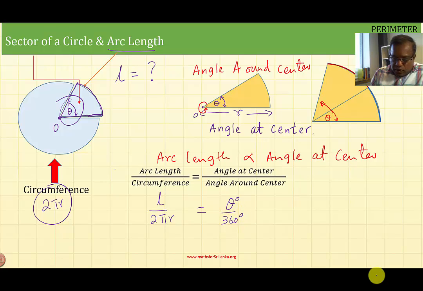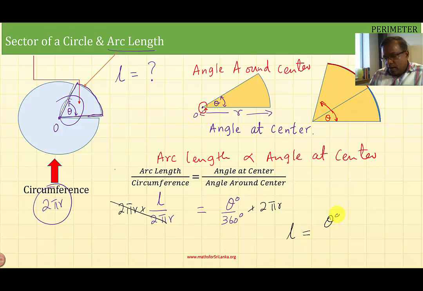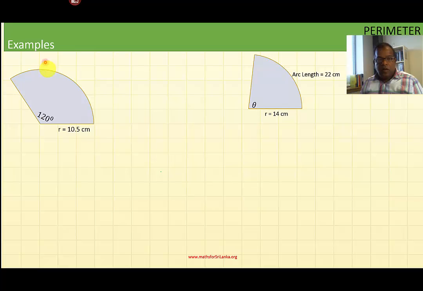If you multiply both sides by 2 pi r, the 2 pi r cancels out on the left, so we get the arc length L is theta over 360 times 2 pi r.